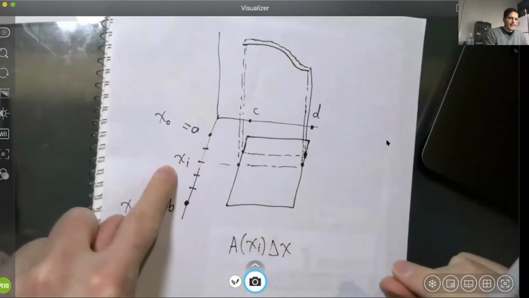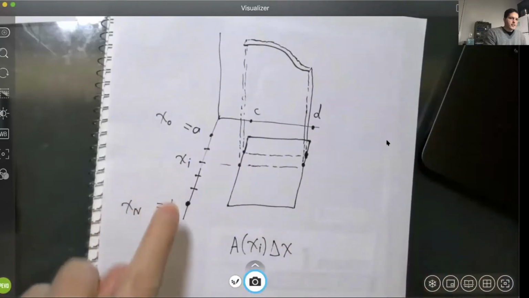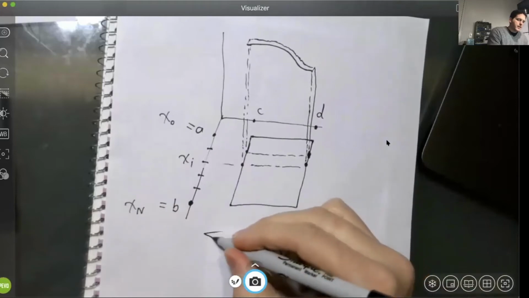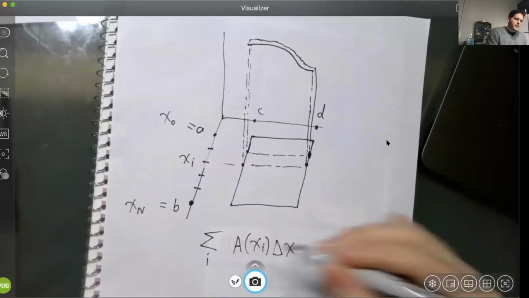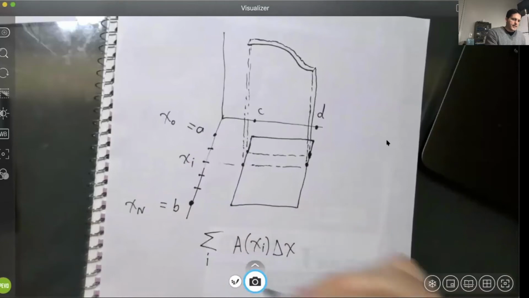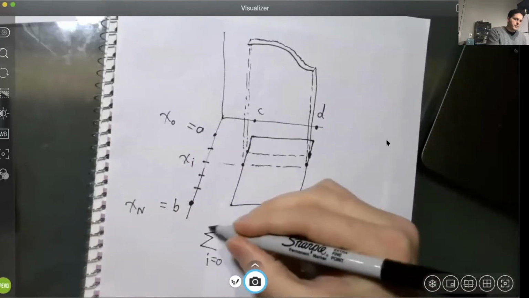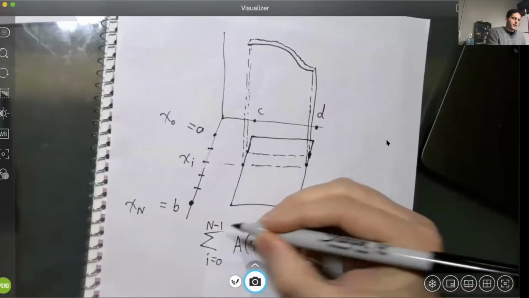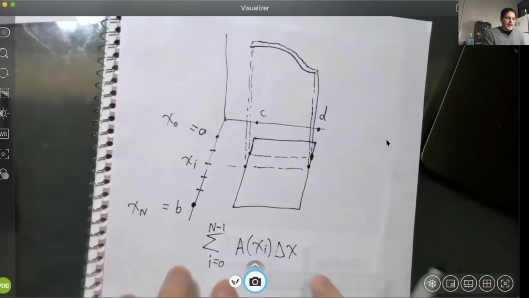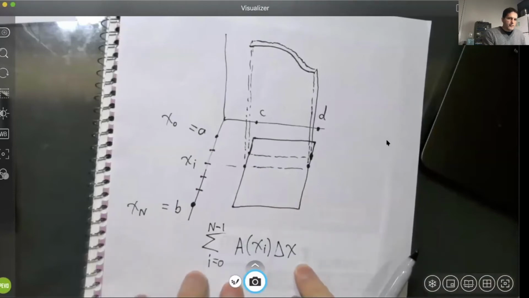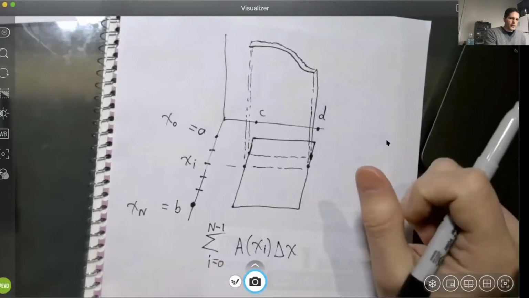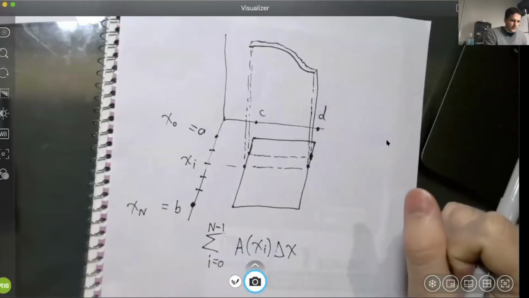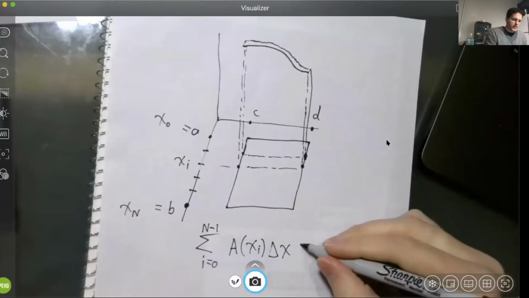And this is the ith slice. So now we just have to sum up the volumes of all the individual slices. Here I can go from 0 up to n minus 1. And we have just added up the volumes of all these slices, and that gives us the total volume of the region under the surface, at least to a good approximation.